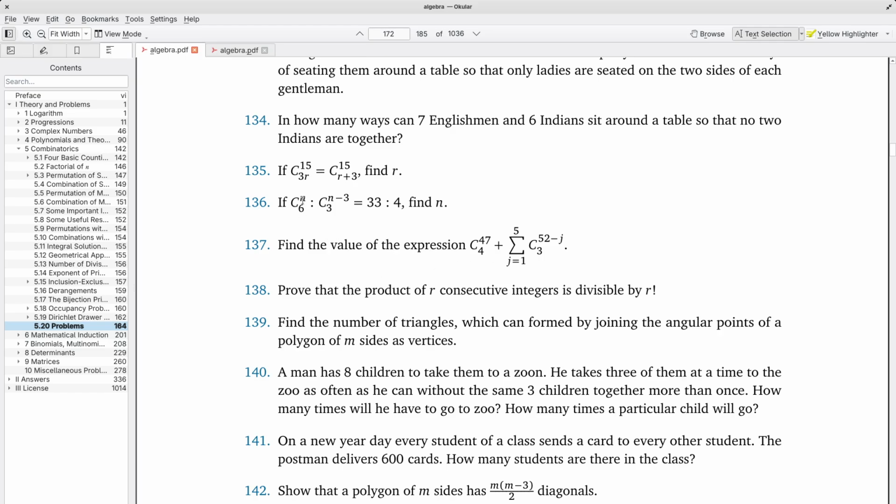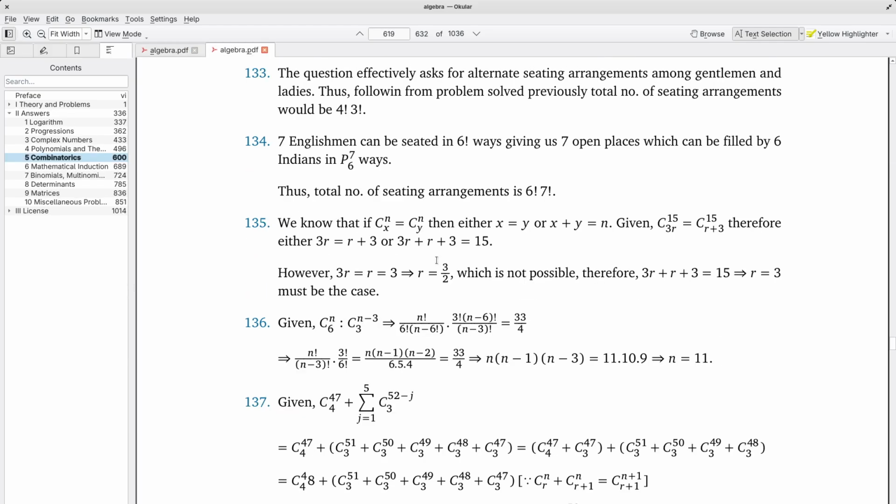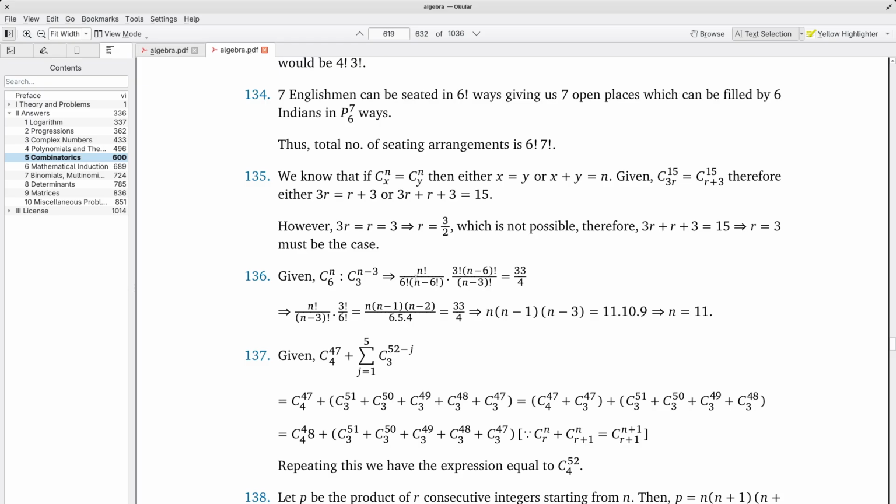Question 136 says that we are given nC6 to (n minus 3)C3 is equal to 33 is to 4. We have to find n. So in this case, we write the combination formula. nC6 becomes n factorial by 6 factorial multiplied by n minus 6 factorial, and (n minus 3)C3 becomes 3 factorial multiplied by n minus 6 factorial divided by n minus 3 factorial.